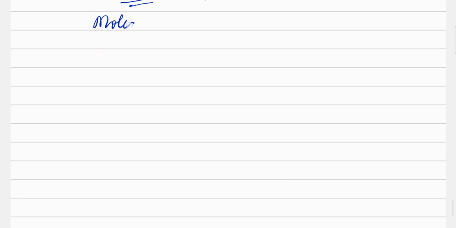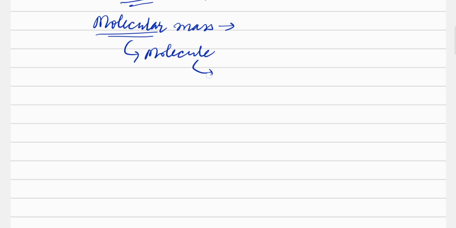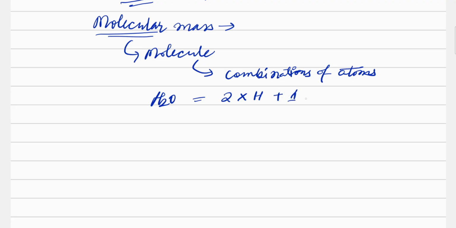Molecular mass. As its name suggests, it is the mass of a molecule. And what is a molecule? It is a combination of atoms. Suppose we are talking about H2O. There are 2 hydrogens and 1 oxygen, right?